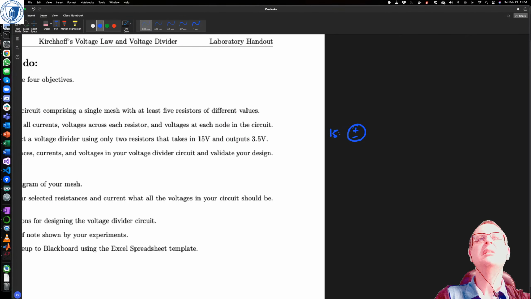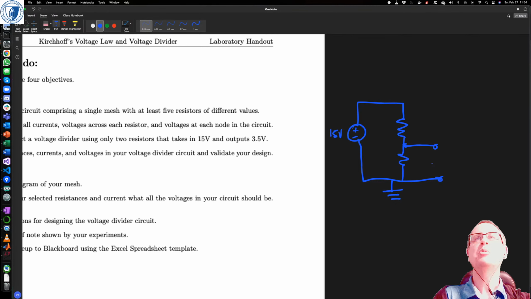Right, we've got a 15 volt source and we have 2 resistors, and the output we want is across one of the resistors, let's just make that one the ground. The output we want from one of the resistors is 3.5 volts.